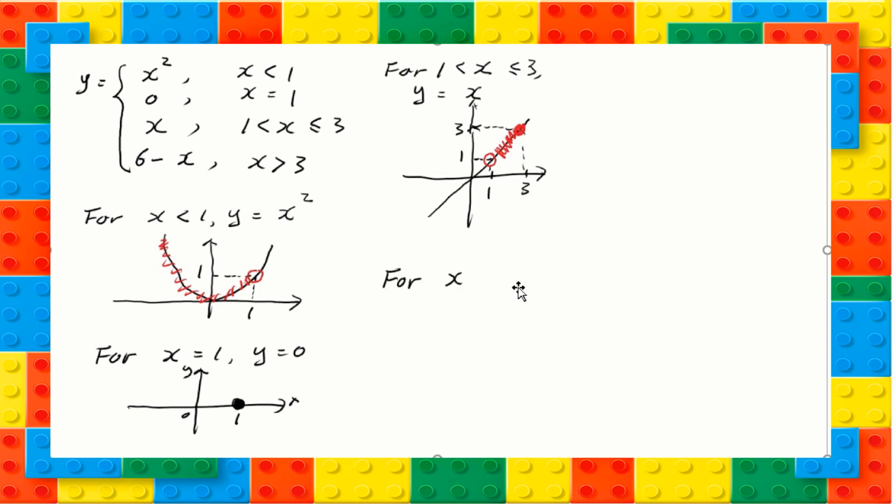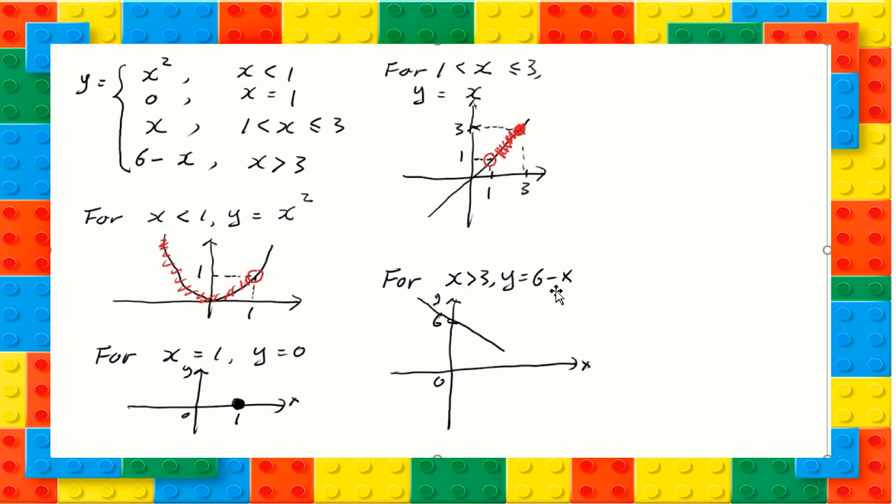Then for the next one, for x greater than 3, y is equal to 6 minus x. Same thing, this is a linear straight line. So in this linear straight line, we need two intercepts. When x is equal to 0, y is 6.